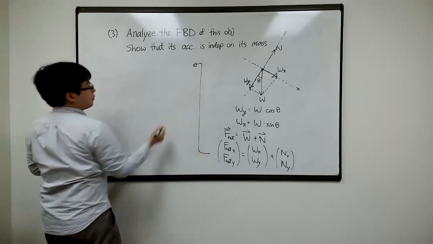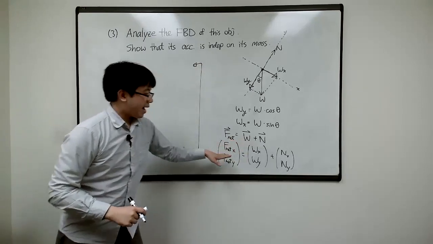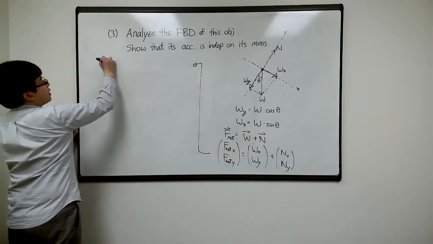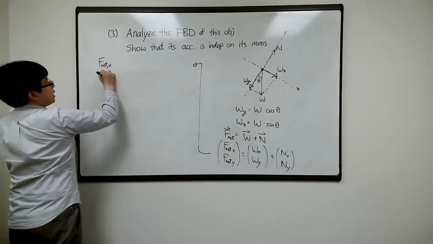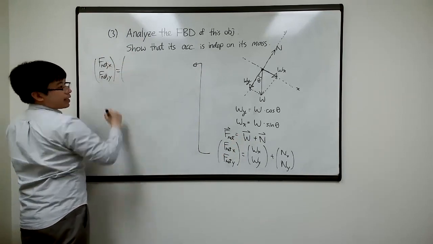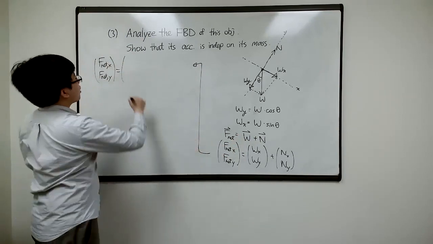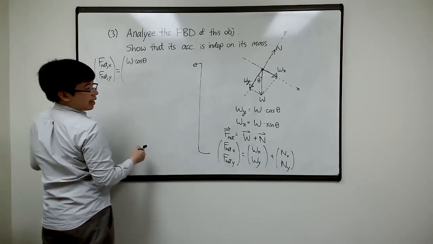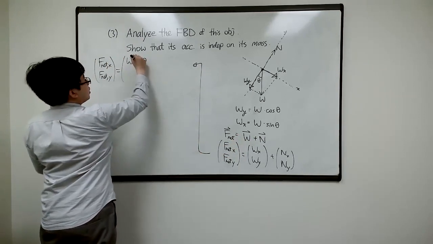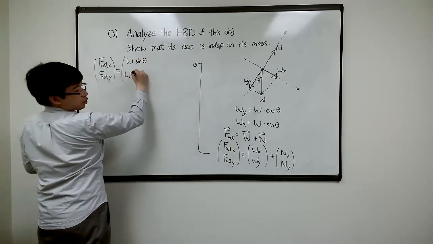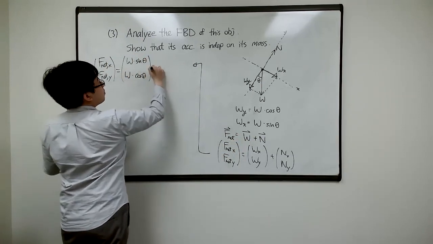Let's continue over here. We can do it line by line, but let's plug in some of the numbers first. We are really mostly interested in F net X. Let's write out everything. So Wx is W sine theta, and Wy is W cosine theta.